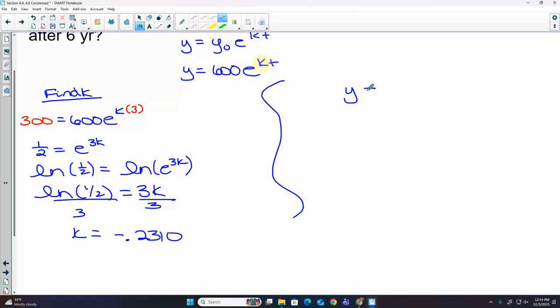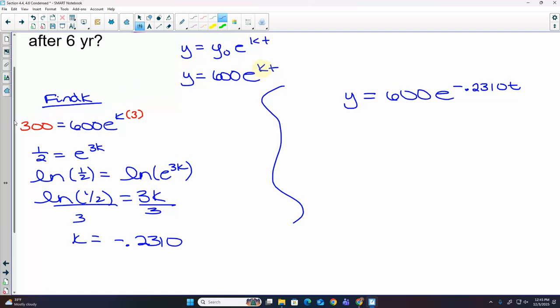I have less as time goes on. All right, now we know K, so then we can go back and answer the question. It wanted to know how much would be present after 6 years. So you're going to plug that in for your T.